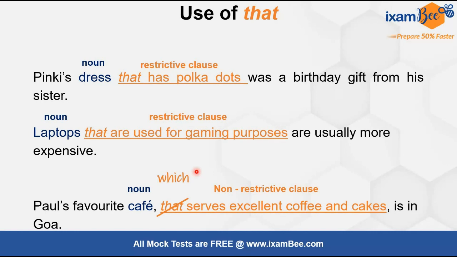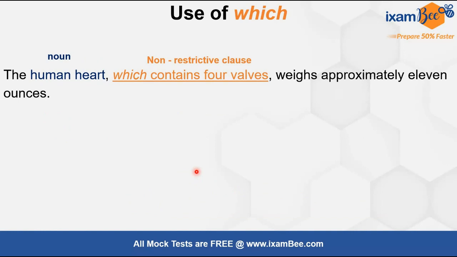Now let's see one more example of which. It says, the human heart, which contains 4 valves, weighs approximately 11 ounces. Even if we remove this non-restrictive clause, the sentence will still make sense: the human heart weighs approximately 11 ounces. So this clause is only adding information to the main sentence.